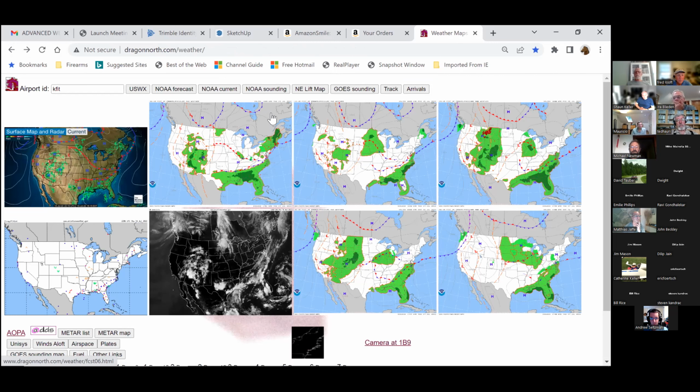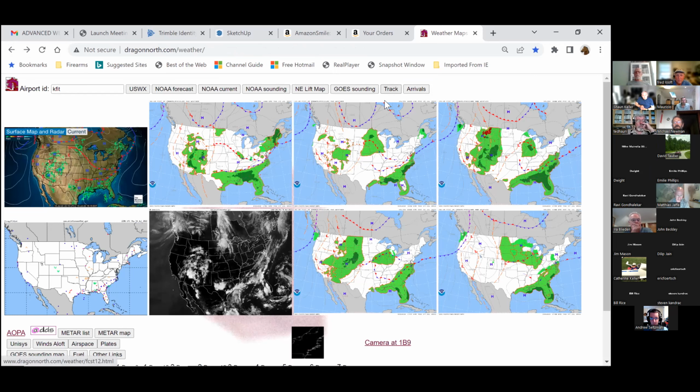If you grow it up, you'll see the times up at the top here of each of the plots. And so I get the sequence of what's happening with the weather as time goes on. You can put an airport identifier or a zip code for some things in here, and then you can click on the various different things I present to get different presentations.